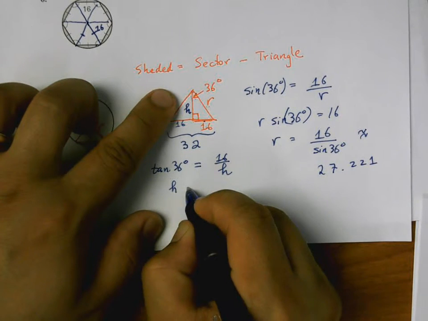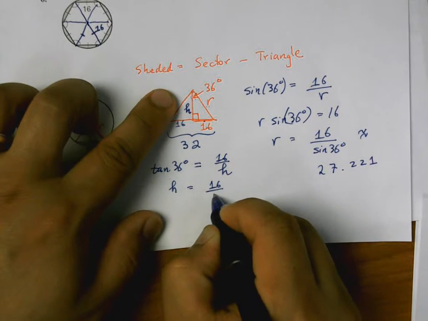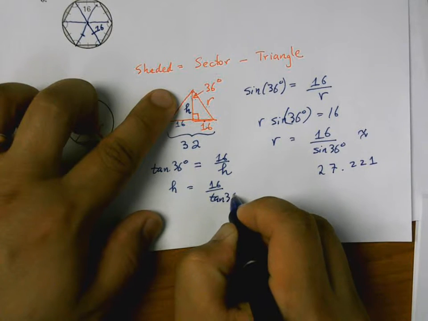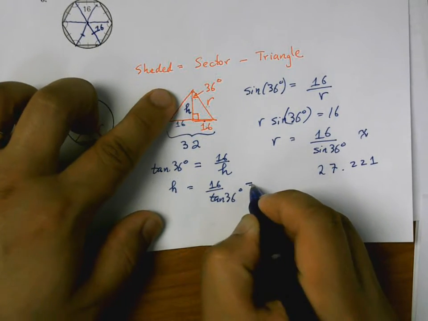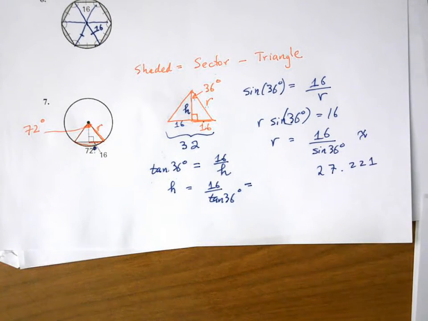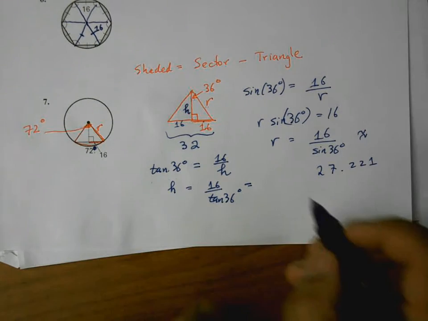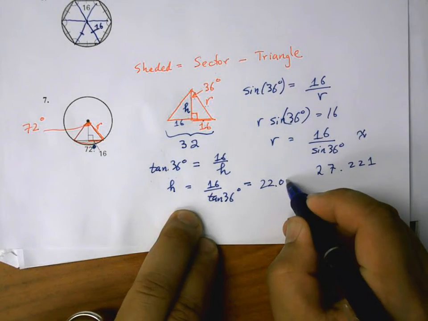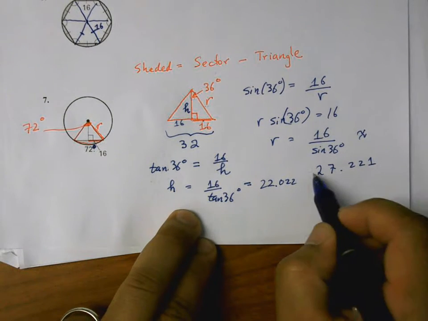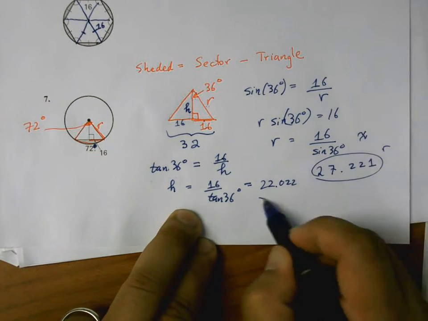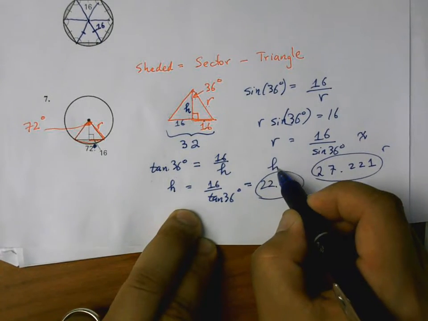So that means h is equal to 16 over tangent of 36, and that's approximately 22.022. Okay, so this length here is R, and this length here is h.